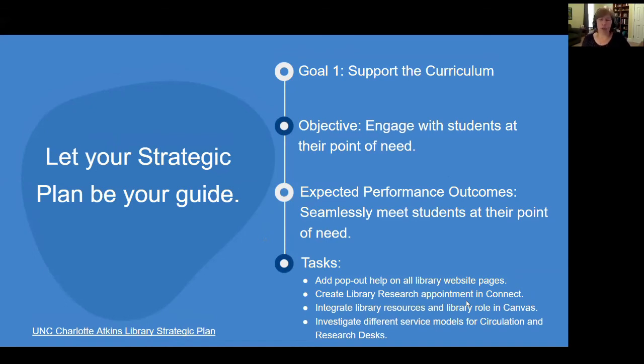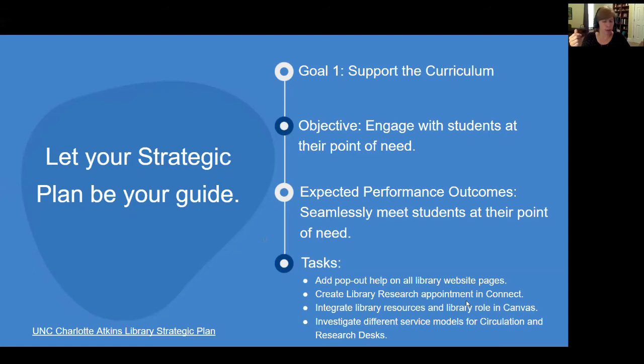That's at a pretty lofty level, so we have, in a sense, operationalized it into 3 main objectives, and I'm just sharing objective 1 here with you. Our first objective for goal 1 is to engage with students at their point of need. Again, this is still a little bit hard to wrap your head around, at least it is for me.